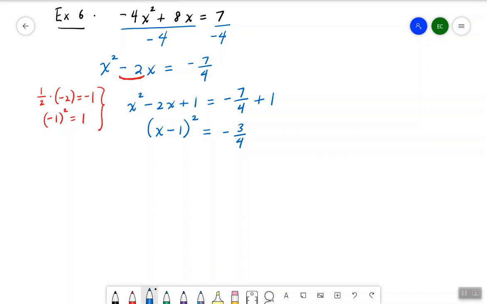And maybe now you have a better sense of just how neat this process is. What we're doing is we're taking any old quadratic like this one that we're given at the beginning of the problem, and we're turning it into something where we can use the square root property.